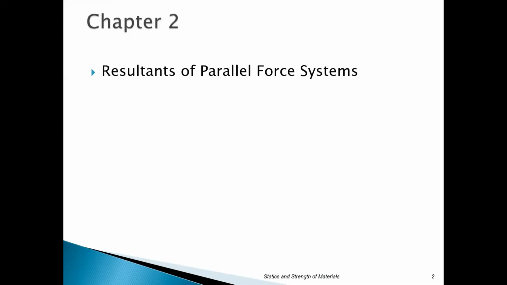And remember, with concurrent force systems, you basically have the triangle law, method of components, polygon method, or graphical. When you get to parallel force systems, you're going to have to use a whole different process. Now, it does rely on moments. So moments become really critical.